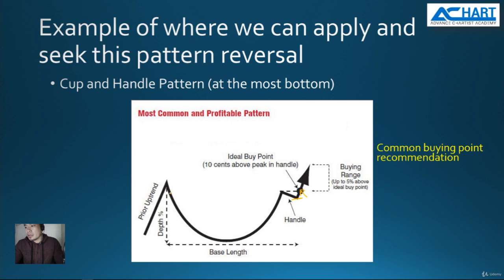Compared to the conventional advice to buy at the handle, I'm afraid we will buy at a higher price and it makes a fake breakout, then we are trapped in the market. But when we are able to buy at the bottom, we can gain way more profits. With bottom reversal pattern recognition ability, we can buy at this price.